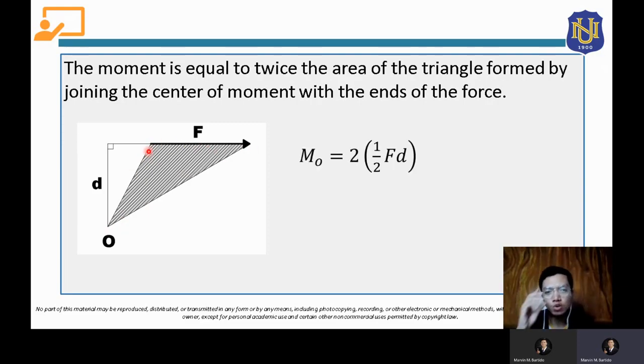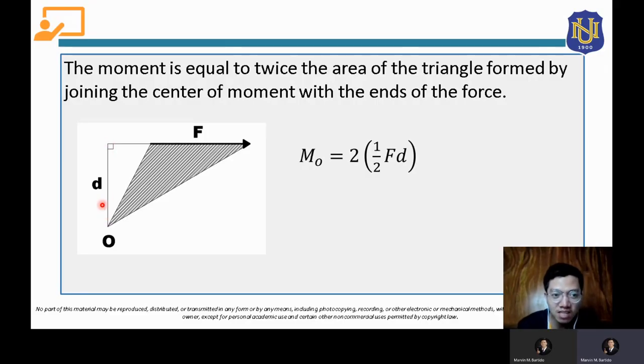Now, if we're going to solve for the area of this triangle, it will be one half times the product of base and height, or one half BH, right? So that's how you solve the area of a triangle. Here the base will be F. Now the height of this triangle, let's say the height will be this perpendicular distance, right?